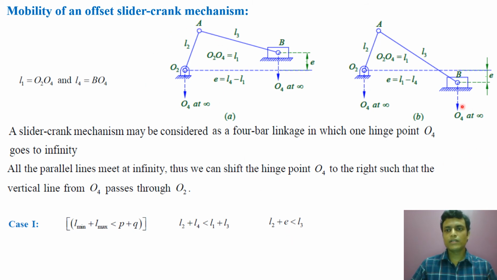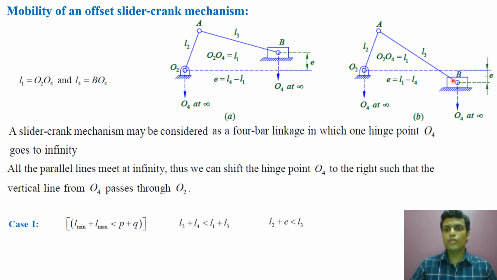Now we are coming to case 2, that is where point B is below O2 by a distance E. So similarly we have shifted O4 on a vertical line which passes through O2. Say O4 is here.